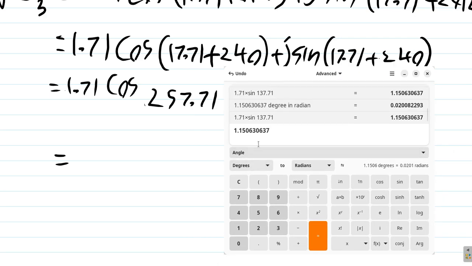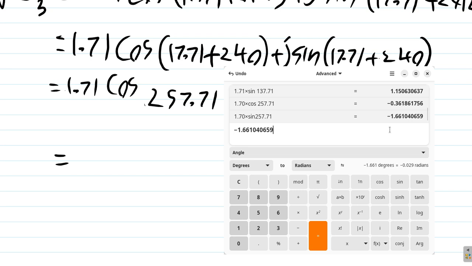So here now, I have 1.71 multiplied by cos 257.71 and get negative 0.361, and then 1.71, and this time it is sine 257.71 equals negative 1.66.